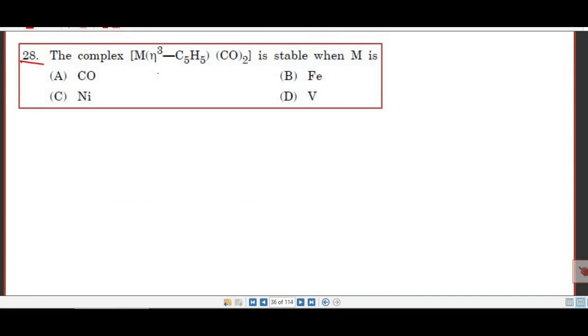The complex is with C5H5, N3 and 2CO. Here the more stable metal is vanadium.